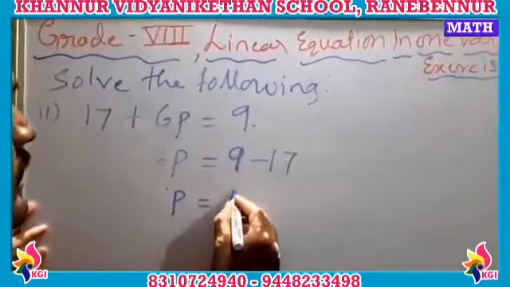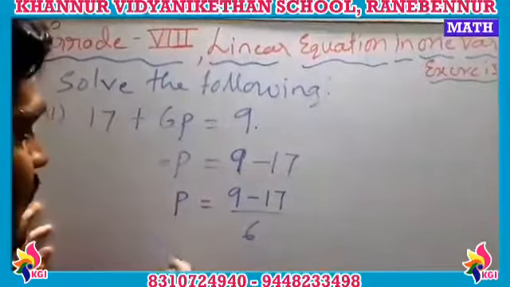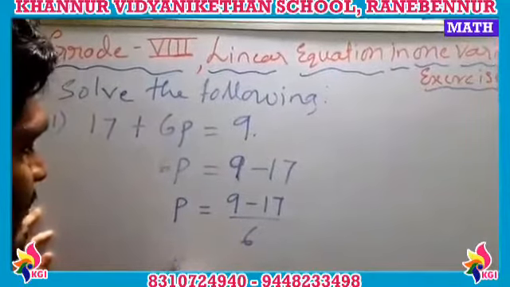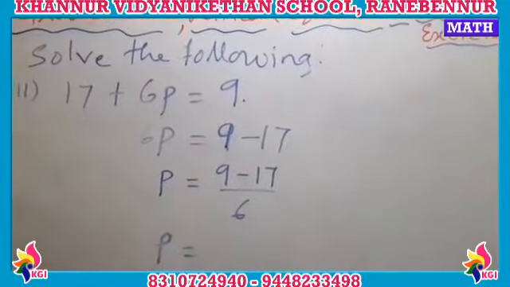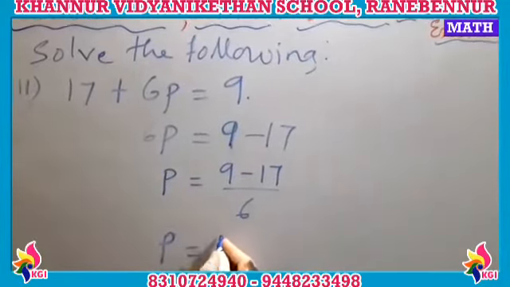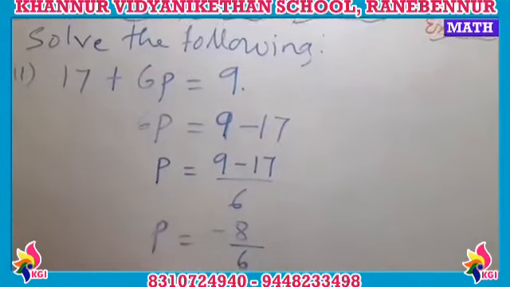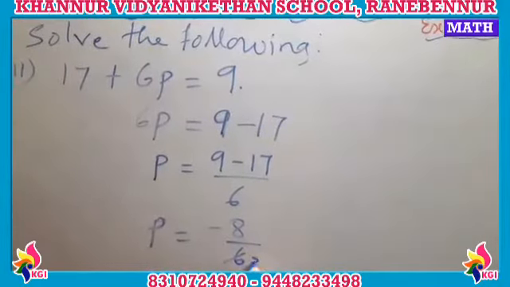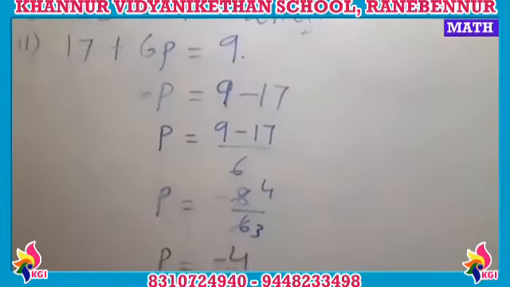P is equal to 9 minus 17 divided by 6. I want the value of p. 9 minus 17 is how much? I am getting minus 8 divided by 6. Okay. So p is equal to, 2 threes are, 2 fours are, so I am getting minus 4 divided by 3.